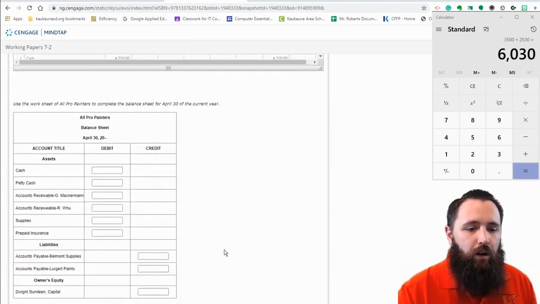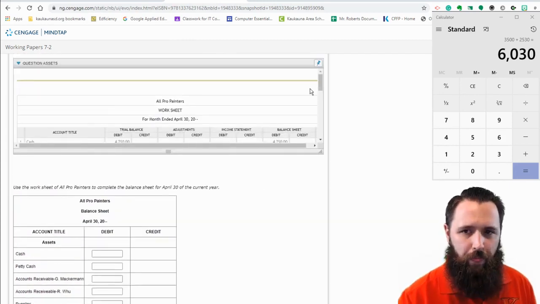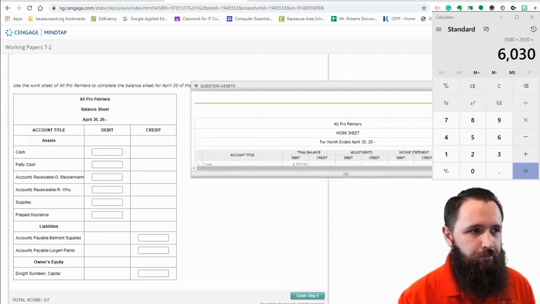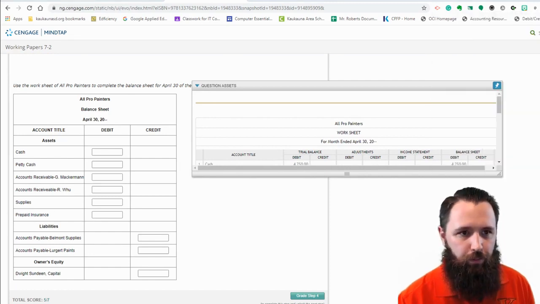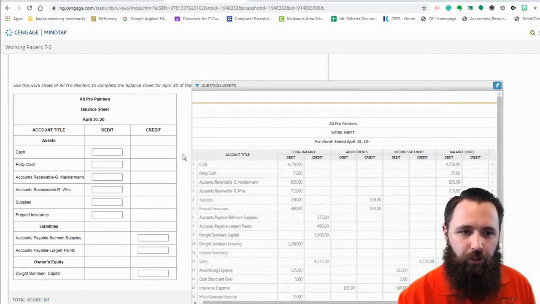So now we're going to calculate our balance sheet accounts. Let's move this over again. Balance sheet accounts, and we're just transferring over this information, right?